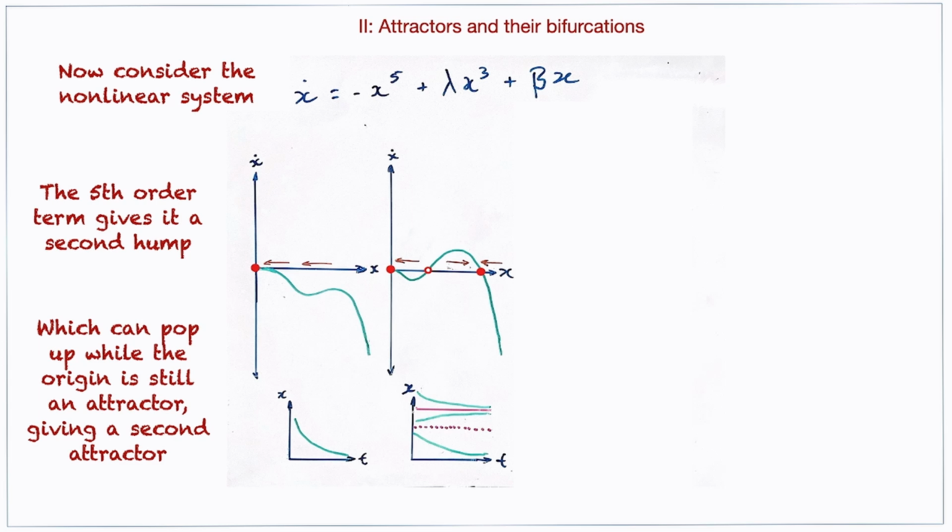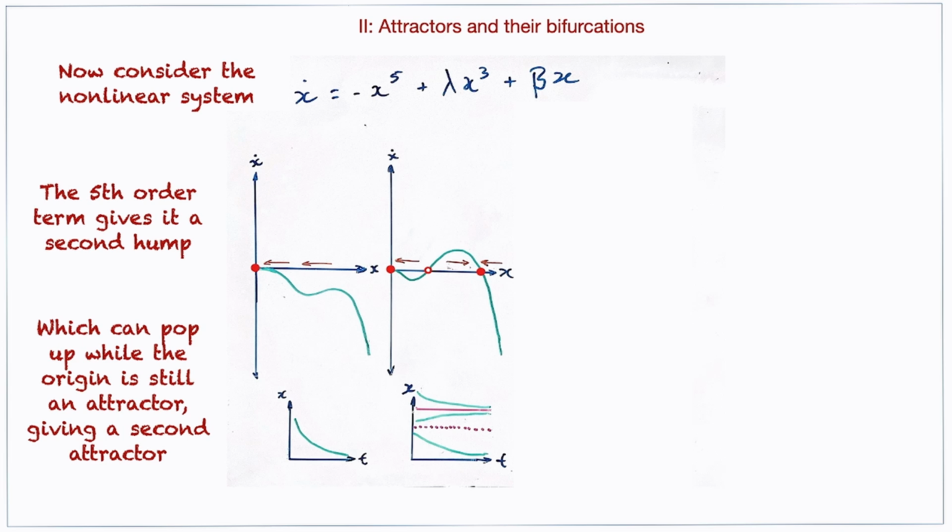And so now, if we're to the left of the repeller, you can see the green curve is less than 0, so the attraction is to the origin. Then we've got an attraction to the large attractor and a repeller in the middle. And this is a canonical example of multistability.